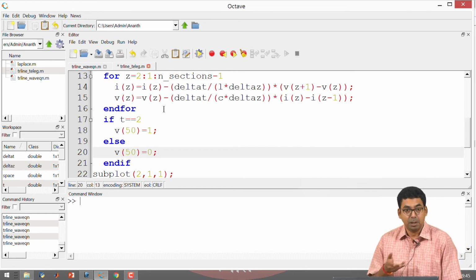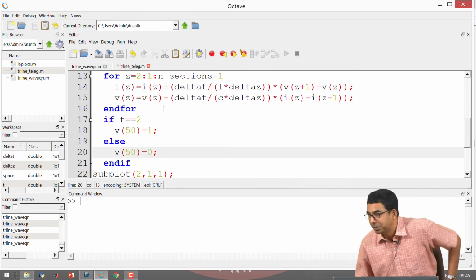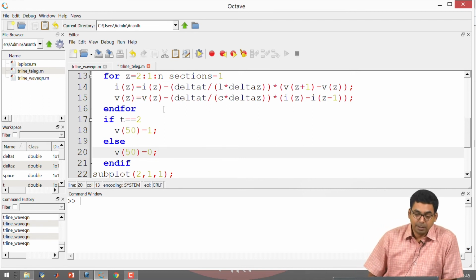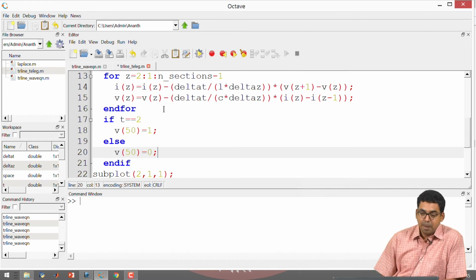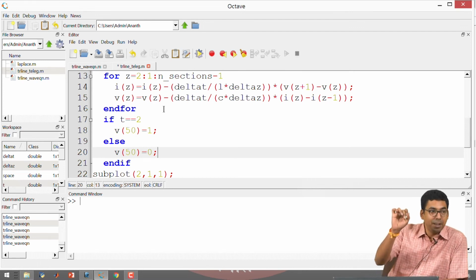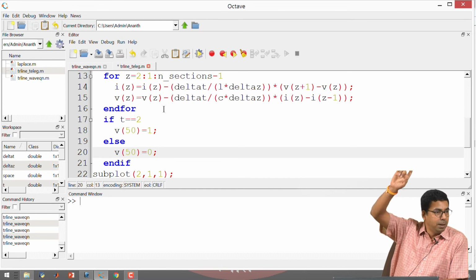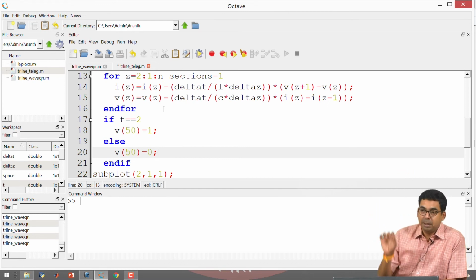Okay, this is also a kind of a definition of the source. What I am doing here is at the instant t equal to 2, I am making the voltage at a specific point go to a value 1. At all other instants of time, that point will be 0.